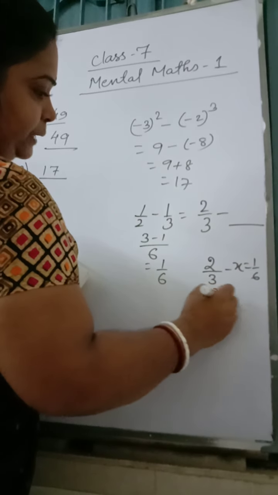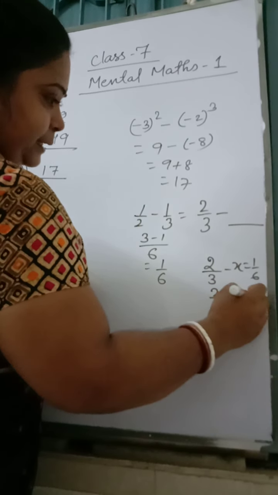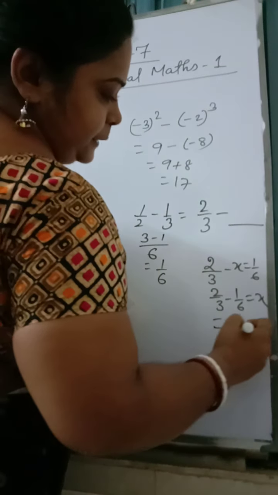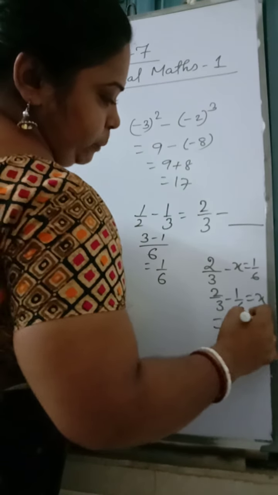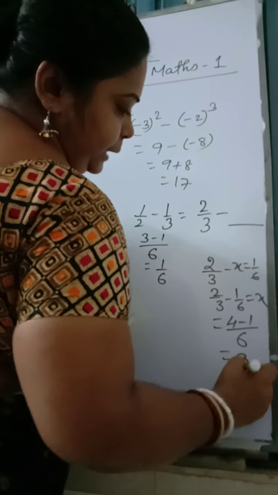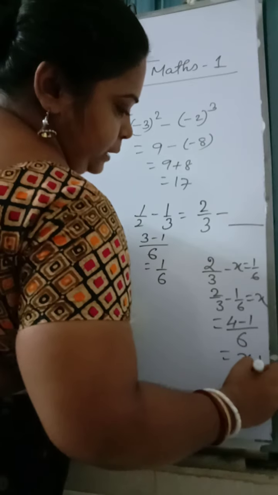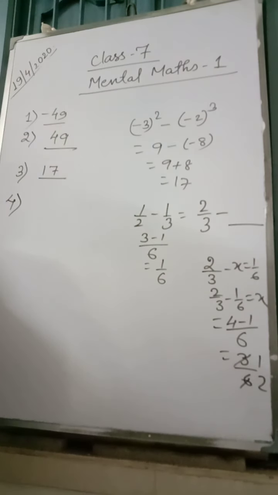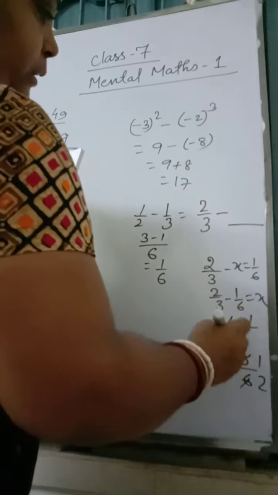So 2 by 3 minus 1 by 6 is equal to x. LCM is 6, 4 minus 1, that gives you 3 by 6 or 1 by 2. No, something is wrong.